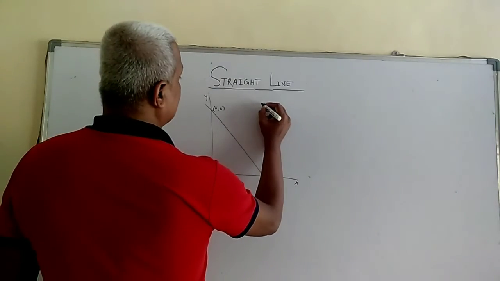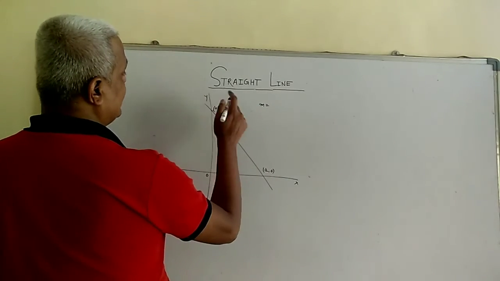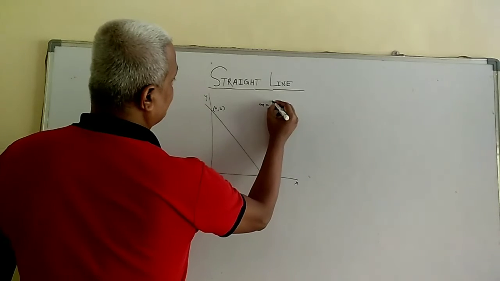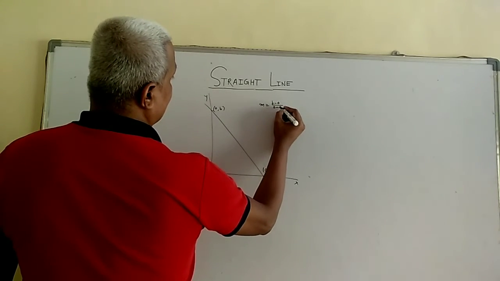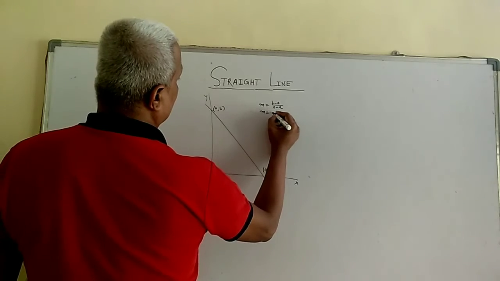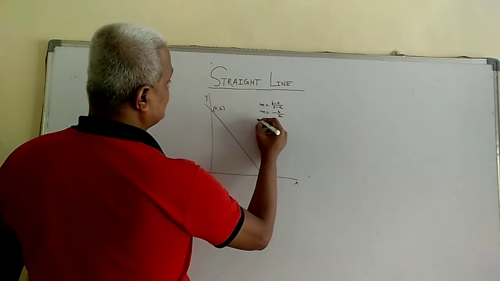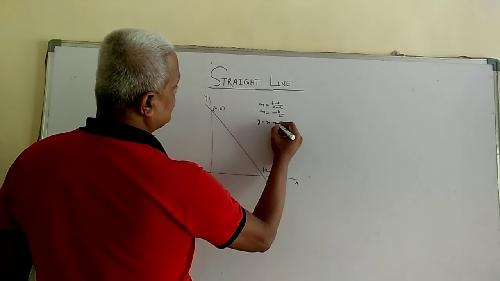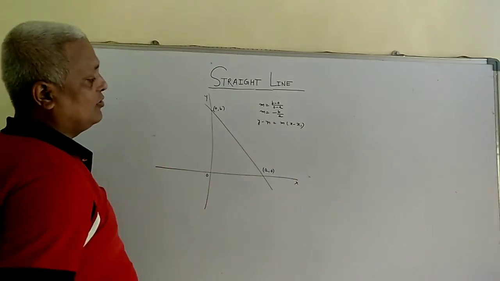So it goes like this: slope m is (y2 minus y1) over (x2 minus x1). I take this as (x1, y1), so b minus 0, and this is 0 minus a. So m equals minus b over a. Now the equation of this line should be y minus y1 is m times (x minus x1).